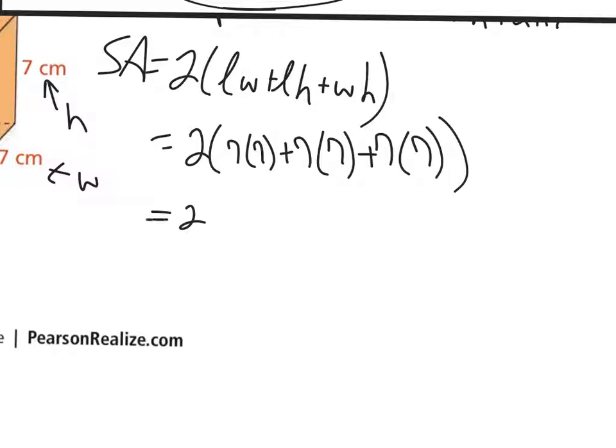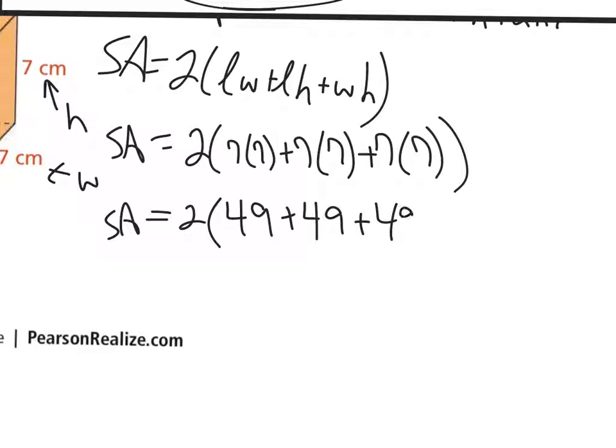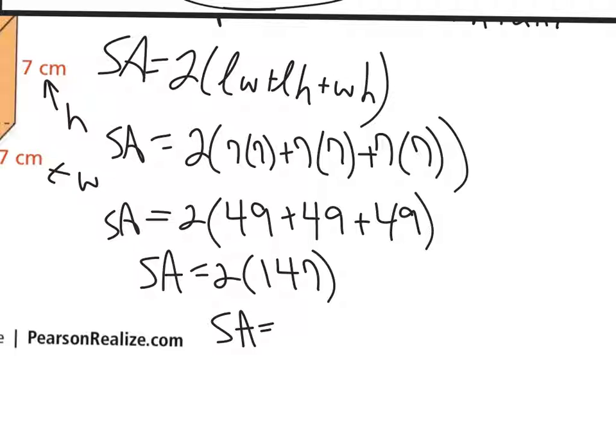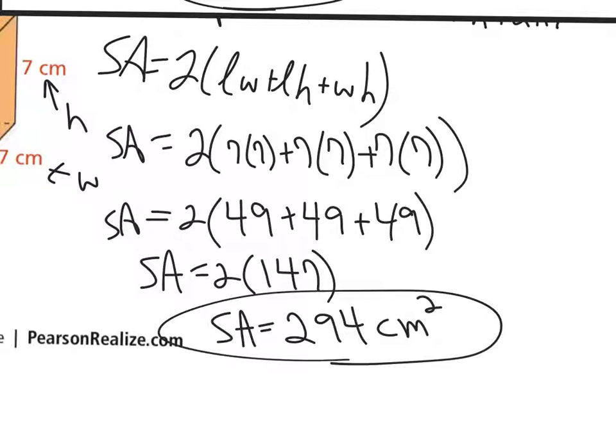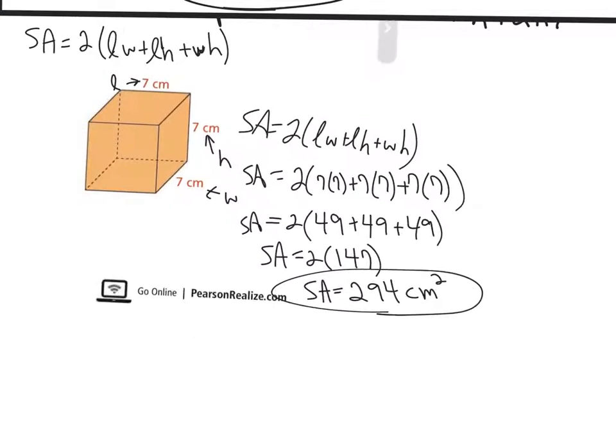So we're just going to simplify this a little bit. 7 times 7 is 49, and again 49, and again 49. Adding those together is 147. And then we multiply, which would be 294. So 294 square centimeters would be the surface area of that cube.